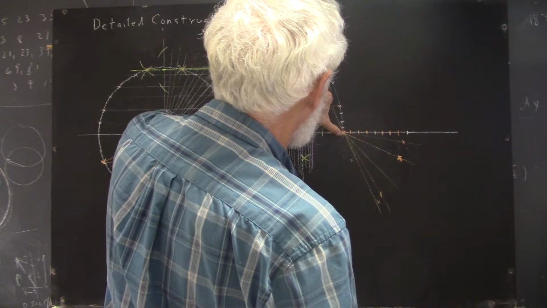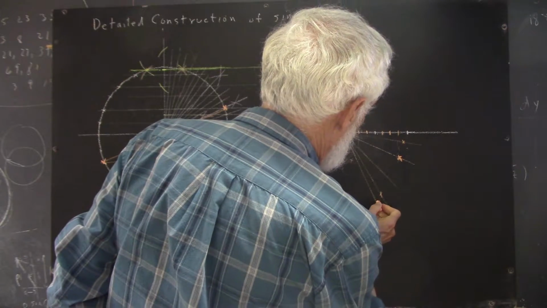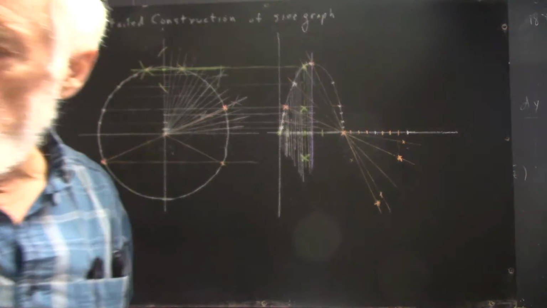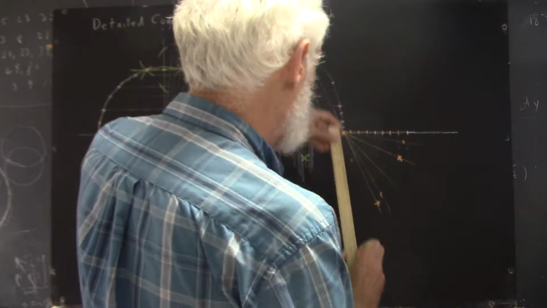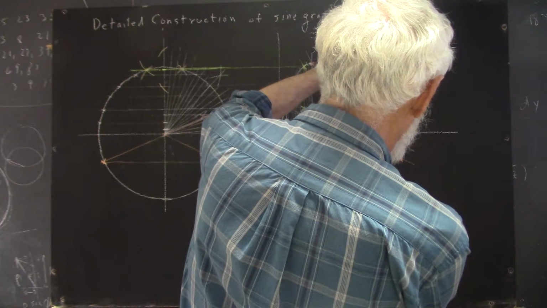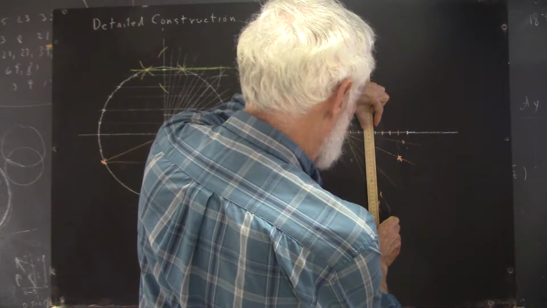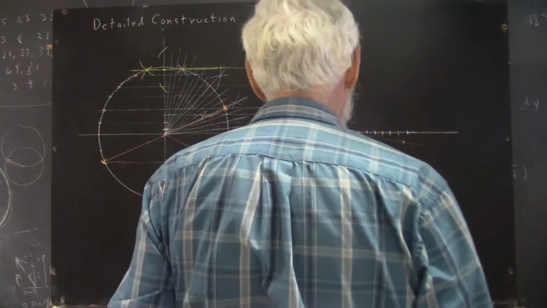Okay, I get this and this. It gets me pretty close to the point that I marked down here. That's going to be this point. Now, if that construction is completely accurate, this point will lie directly at a perpendicular below this point here. Not quite, but pretty close. Similarly with the other points.